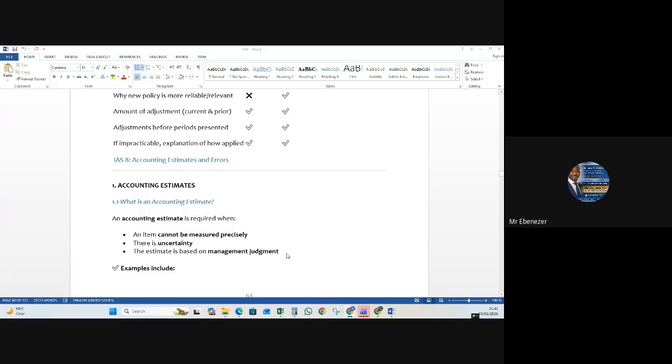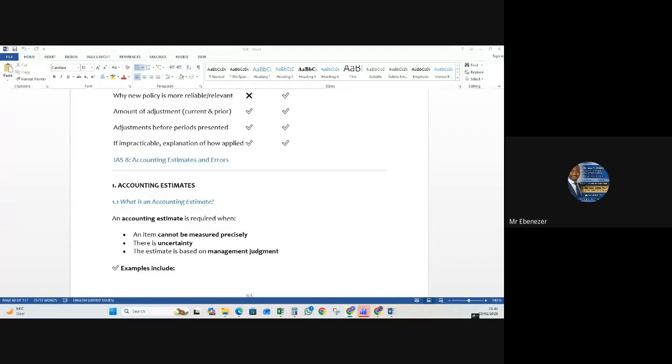Now we move into accounting estimates and errors. Accounting estimates are required when an item cannot be measured precisely, right?